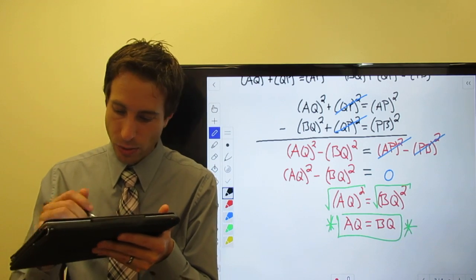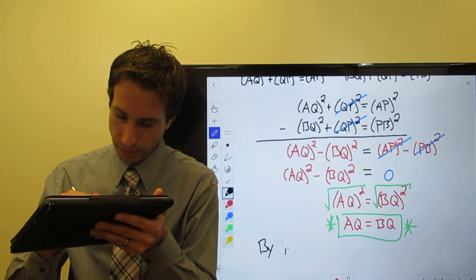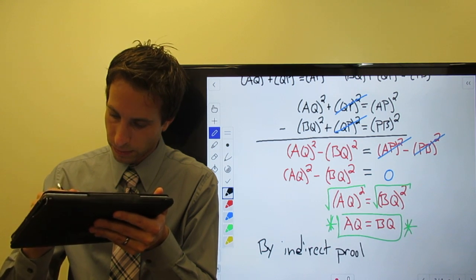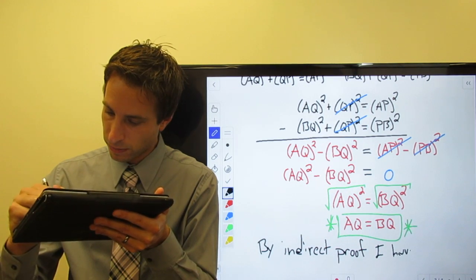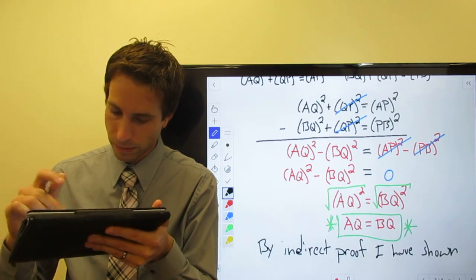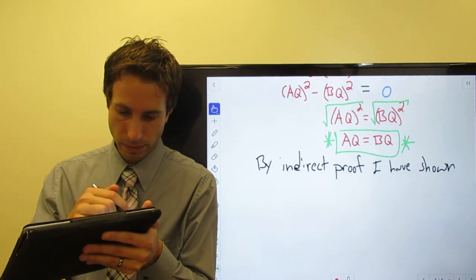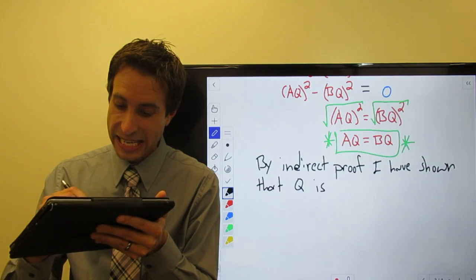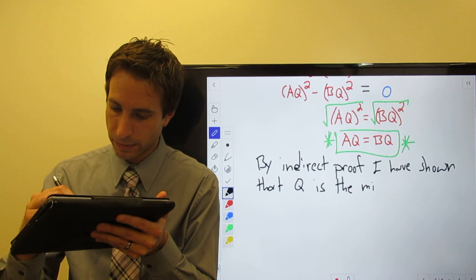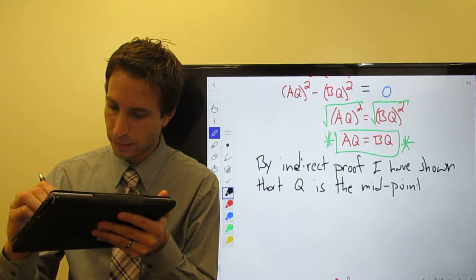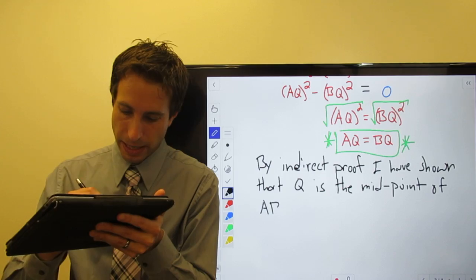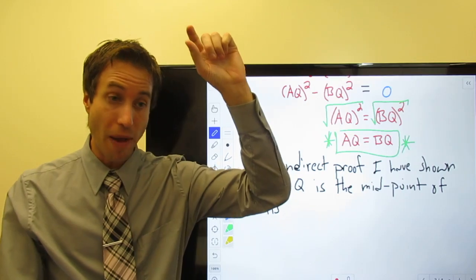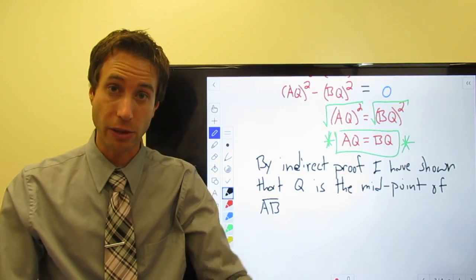So by indirect proof, I have shown that Q is the midpoint of AB, and therefore by extension, remember, I also assumed in step 1 that P was not the perpendicular bisector.